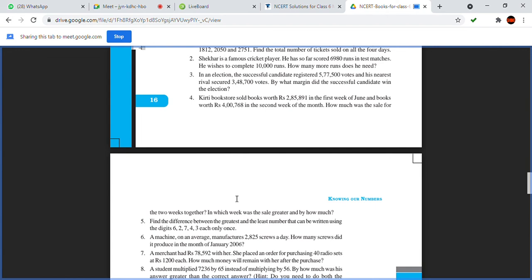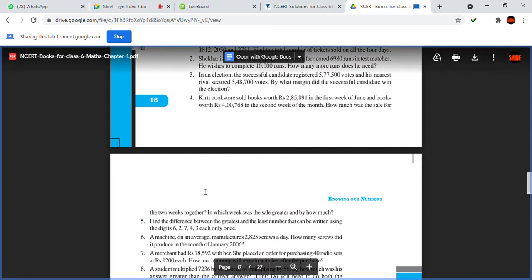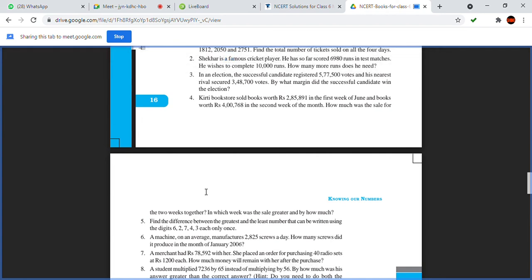And below you can write in second week the sale was greater. In second week the sale was greater. Then after you write more sale in second week.